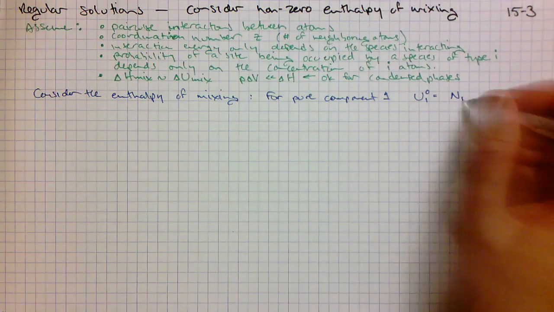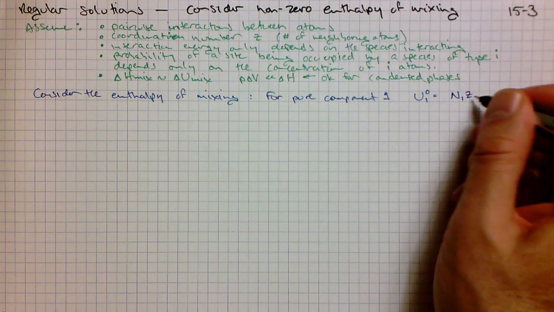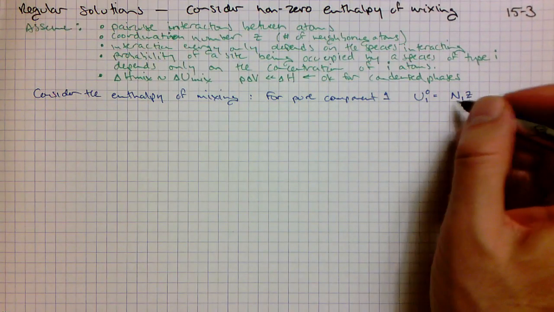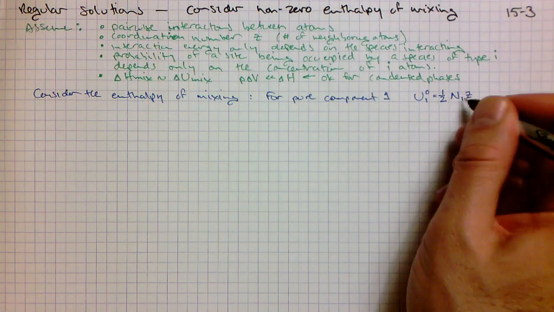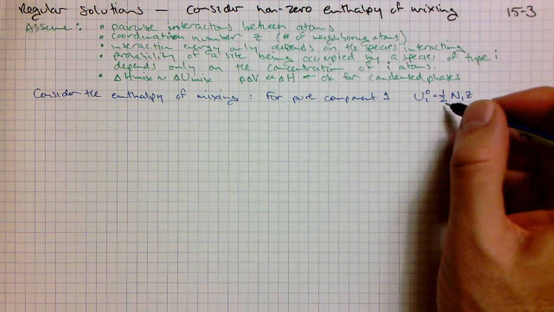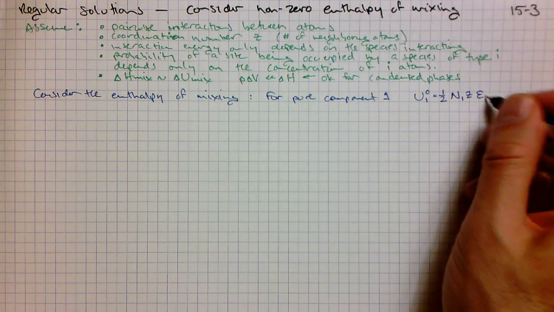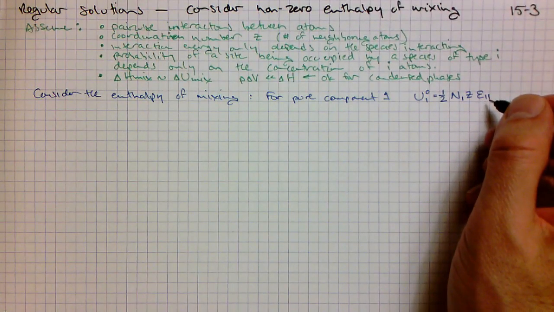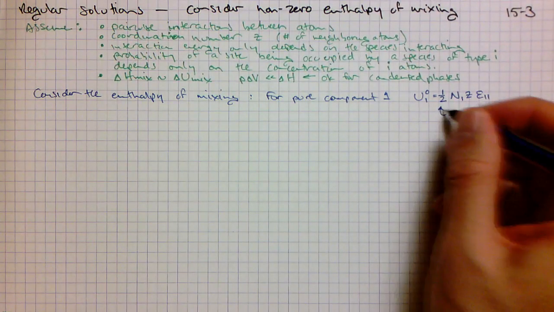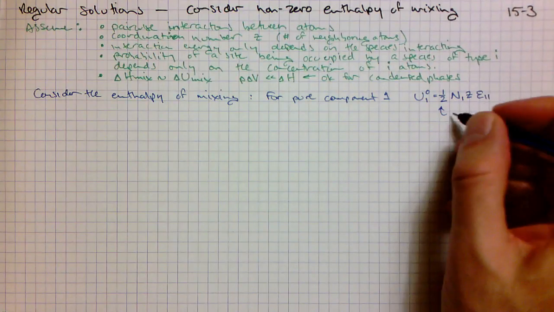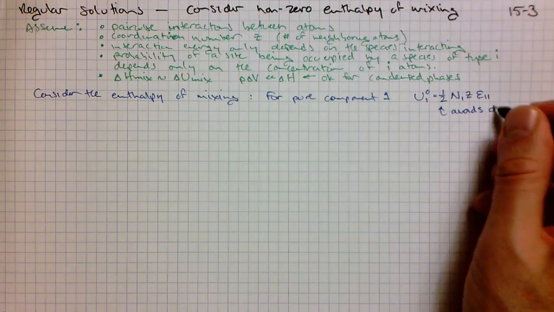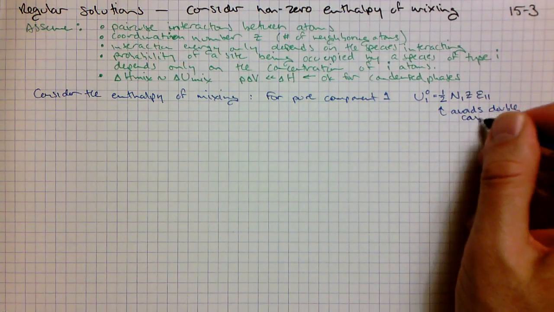So the number of atoms of type 1 times the coordination. If you had 8 nearest neighbors, you'd have 8 bonds, but those bonds are shared between 2 atoms. So each one of those bonds per atom only would contribute a half of the energy associated with a bond between 2 type 1 atoms to the system. So a good expression for the energy of a pure type 1 system would be this, where the 1/2 avoids double counting.